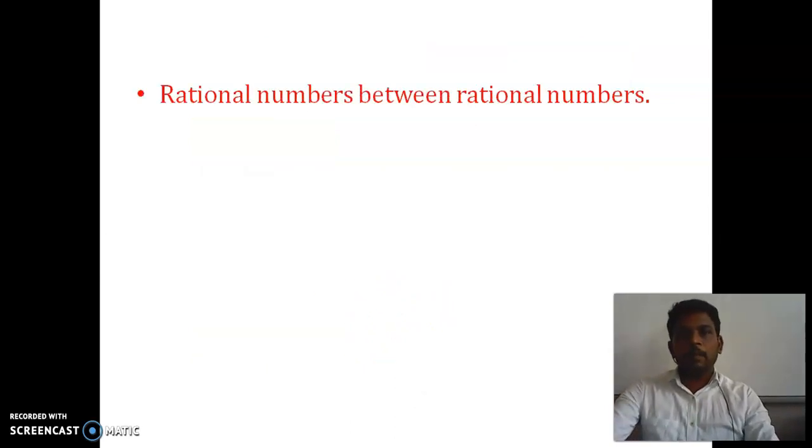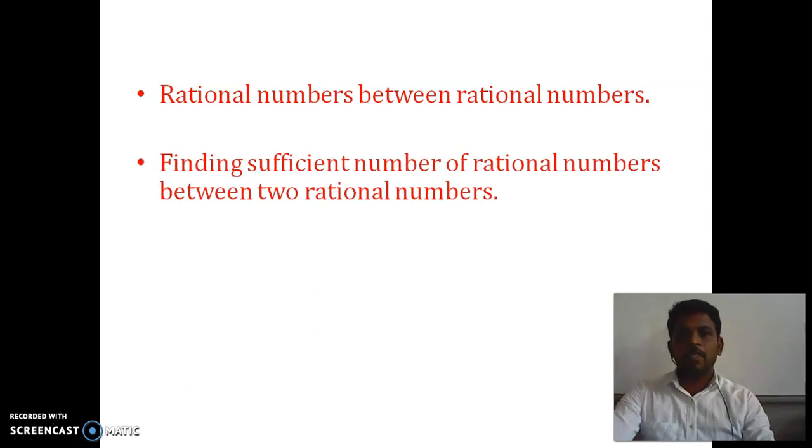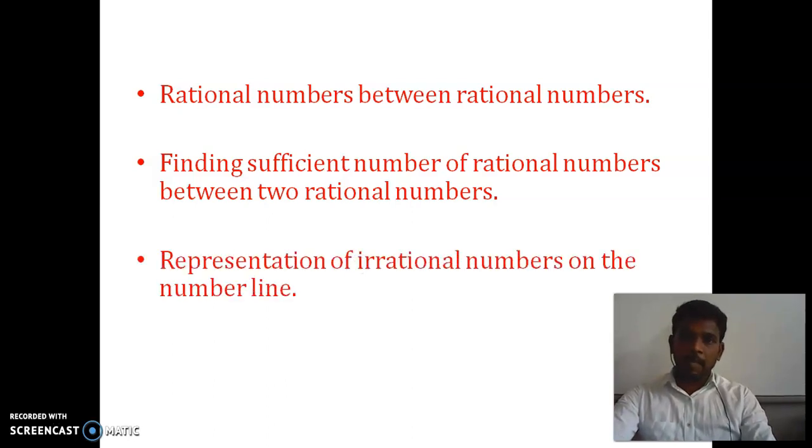Now just recall what we have seen in the last class. The problems related to finding rational numbers between two rational numbers, and finding a sufficient number of rational numbers between them. For example, if the question is to find 10 rational numbers between two numbers, how can you find a sufficient number of rational numbers between two rational numbers? We have seen that in the last class, and the representation of irrational numbers on the number line.